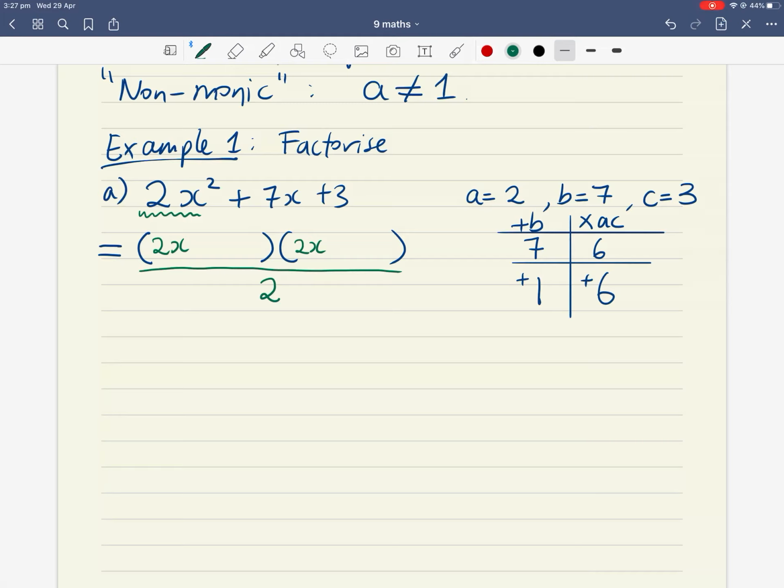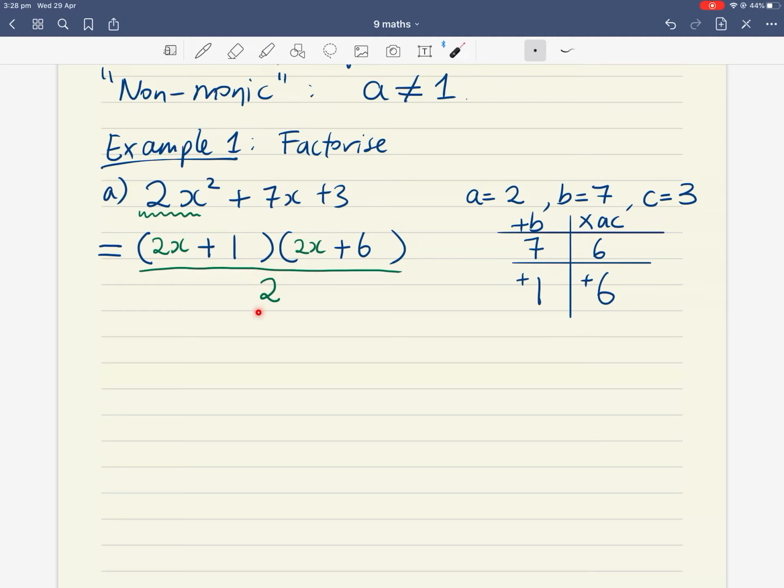And then we also have to divide this whole thing by that same coefficient 2, because the coefficient of my x squared is 2. So you have brackets, 2x, and you're dividing by 2. And then like we did yesterday, our two numbers, positive 1 and positive 6, we would fill in to our brackets. So plus 1 and plus 6.